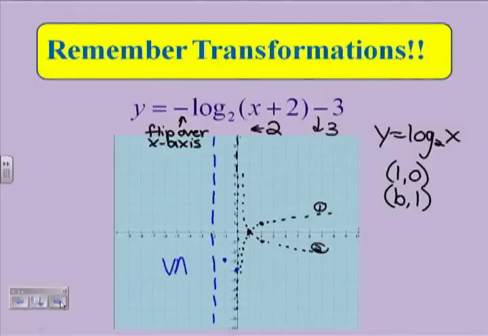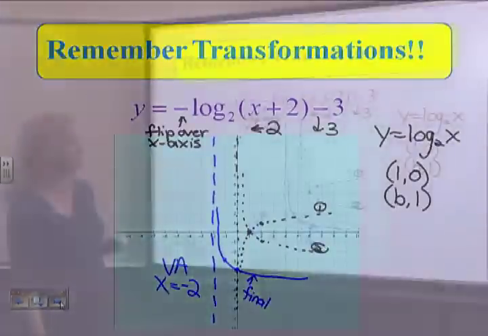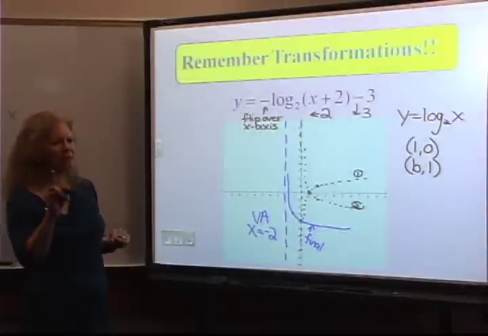My vertical asymptote is x equals negative 2. And then my curve is going to look like that. This is my final curve. Okay? I took the basic log, I flipped him over the x-axis, and then I shifted him left 2 and down 3. Okay? Practice over those.